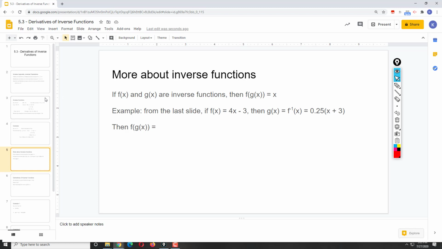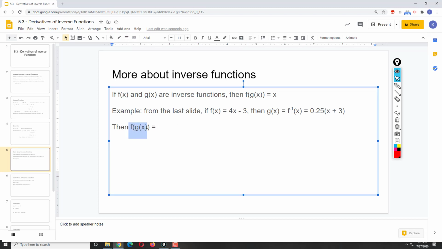Well, if we take one function and plug that into the second function, we get x out. In other words, f of g of x is equal to x as long as f and g are inverse. Here's an example. From the last problem, we saw that if f of x is 4x minus 3, then g of x, which is the inverse of f of x, is equal to 0.25 times x plus 3.